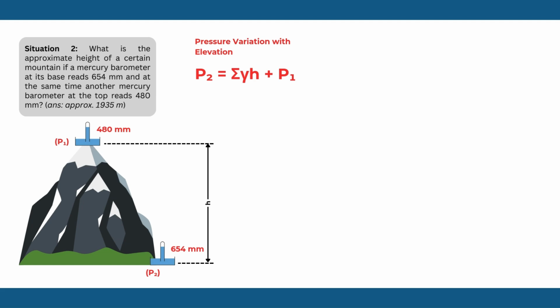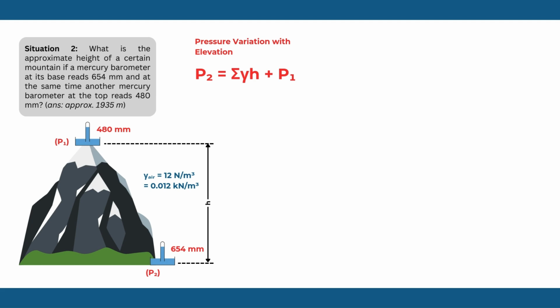So for this one, gamit tayo ng standard or common value. So keep in mind, pag di given ang unit weight of air sa problem, ang pwede niyong gamitin na value is 12 newtons per cubic meter or 0.012 kilonewtons per cubic meter. Kasi usually, around that value lang naman yung unit weight if ever na may given.